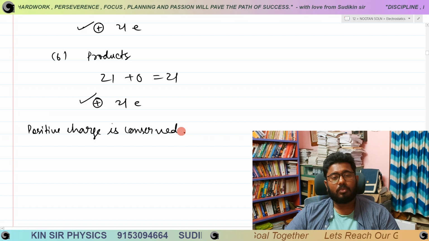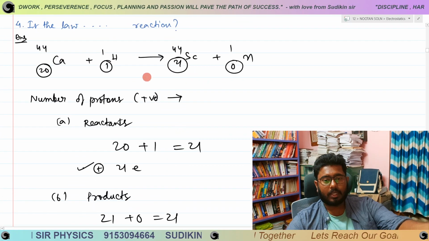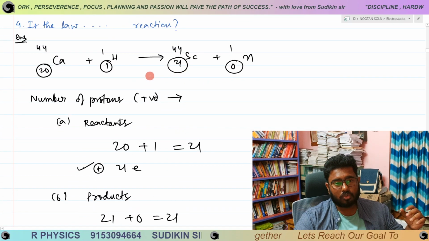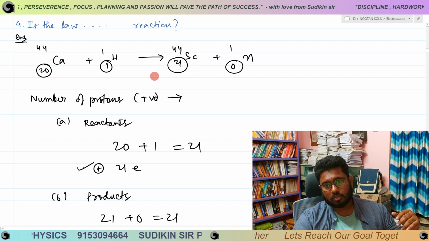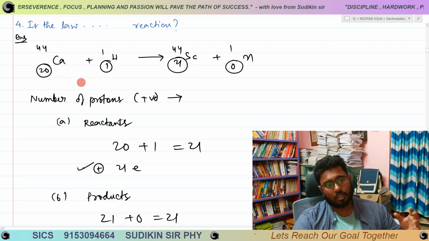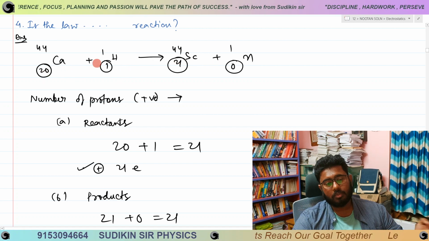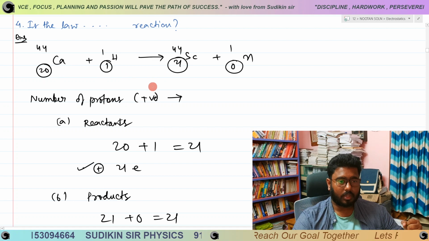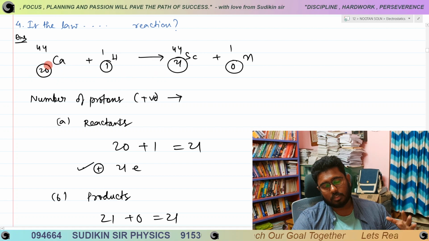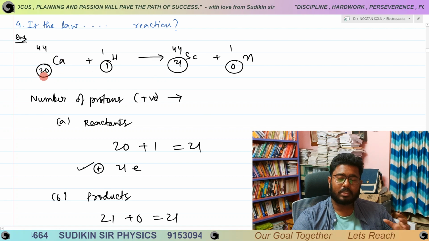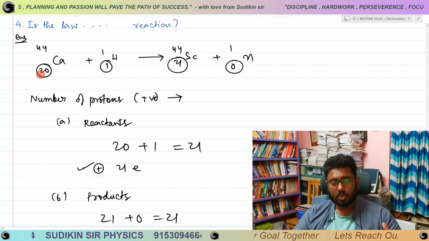Now let us come to the negative charge. As it is a balanced radioactive reaction, not a nuclear reaction, there will be no involvement of electrons as such. The number of positive charges will be the same as the number of electrons.